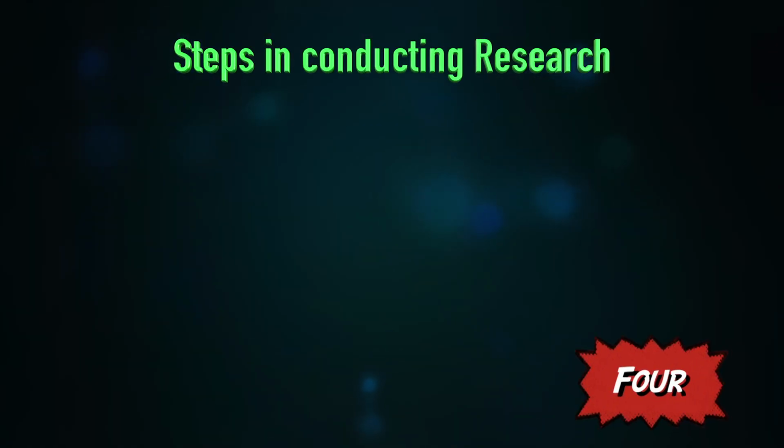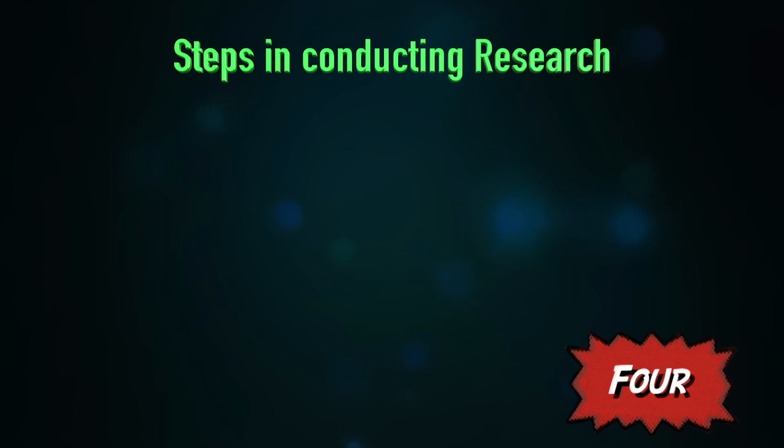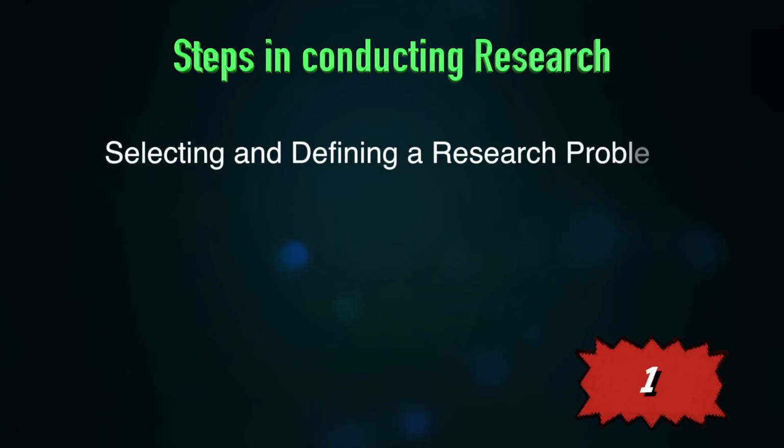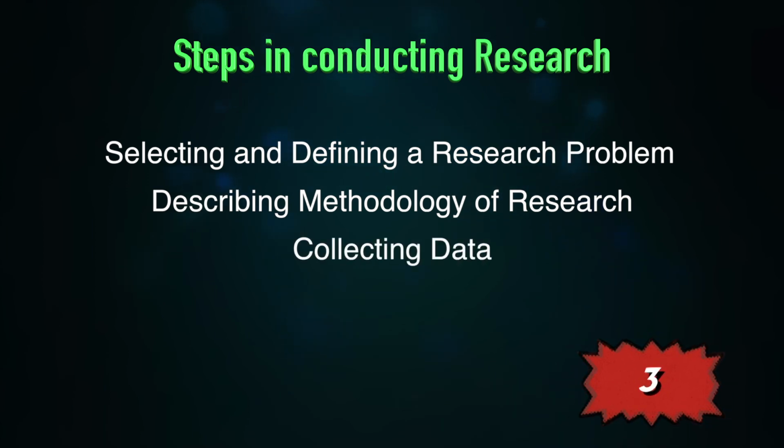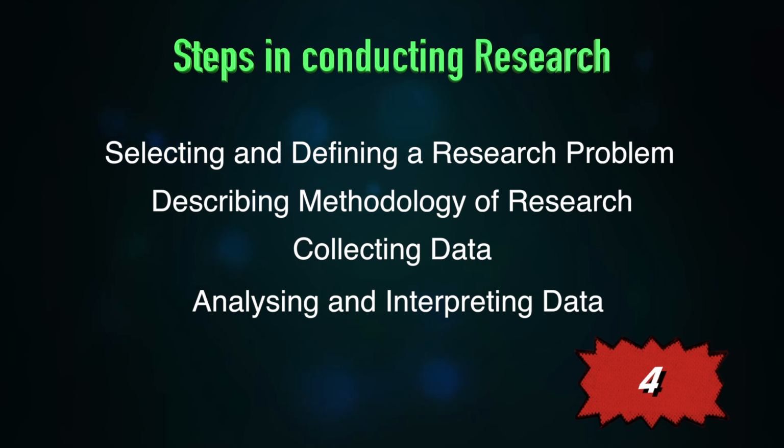And thus the process of research is complete with interpretation of data, and the researcher is now ready to prepare a research report. So in a nutshell, we can say the process of research passes through 4 stages, including selecting and defining a research problem, describing the methodology of research, collecting data, and analyzing and interpreting the data.